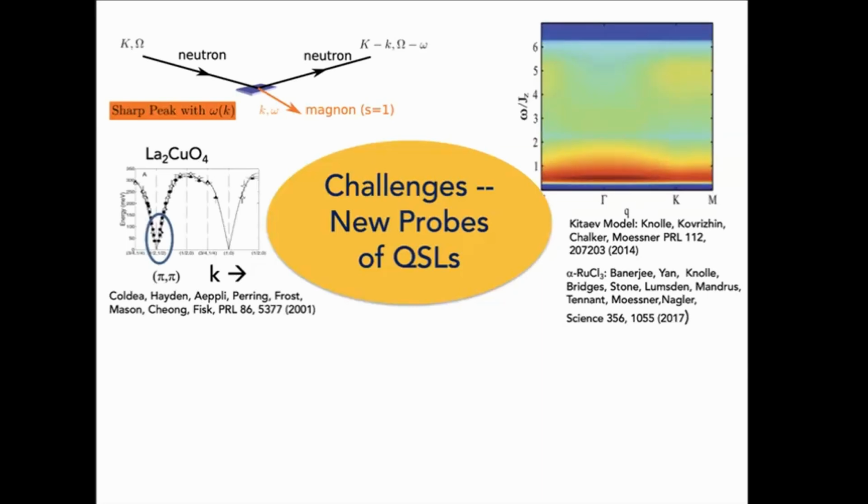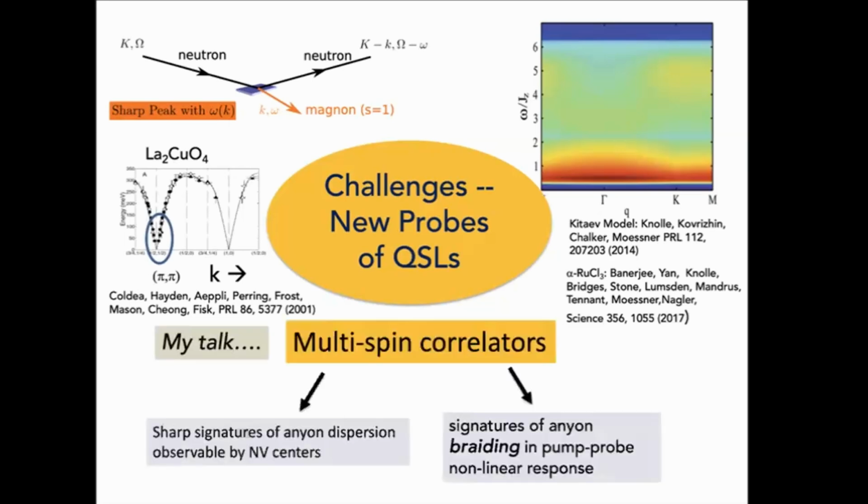But if you have a spin liquid, like alpha ruthenium trichloride, a candidate material, here I'm showing you results from a simulation of a model. You can see it's a complete washout. There is nothing sharp in this signature, and that is an indicator that the magnons have fractionalized. But that's not good enough. We want to see if there can be something sharper that we could identify.